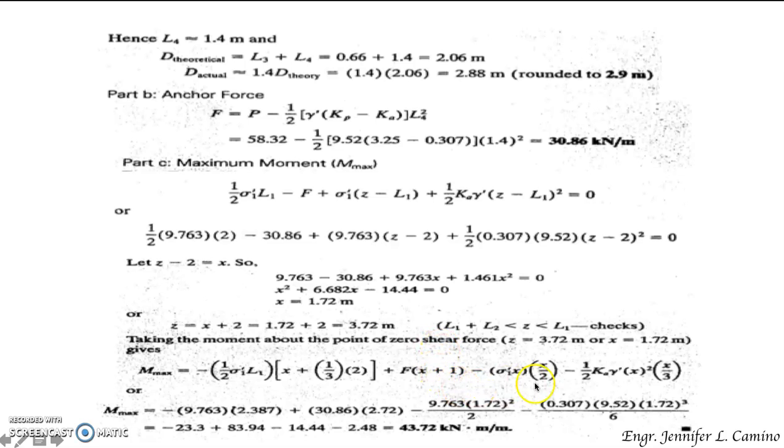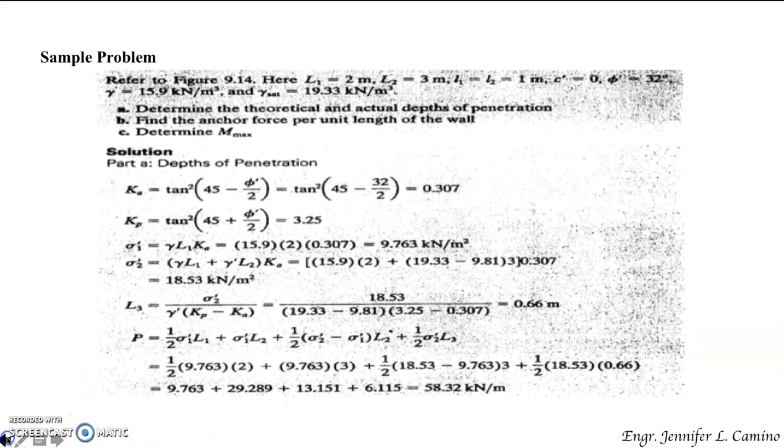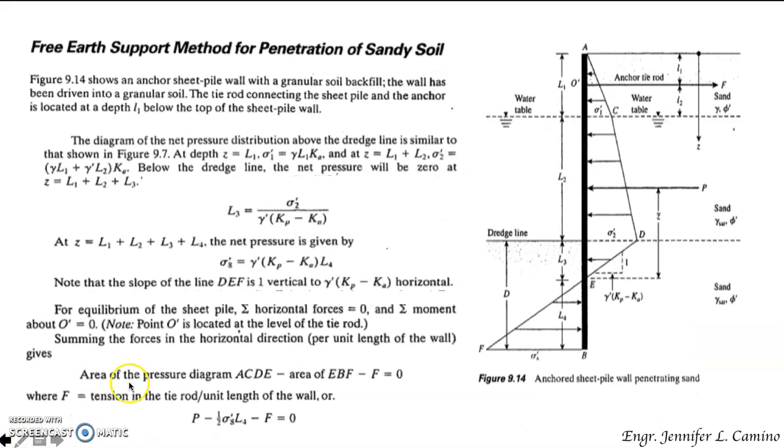If you simplify this, we get our maximum moment to be 43.72 kilonewton meter per meter. For the point of 0 shear, you refer to our figure. So this is the point of 0 shear. This would be our reference point using the pressure diagram so that you can have the maximum moment.